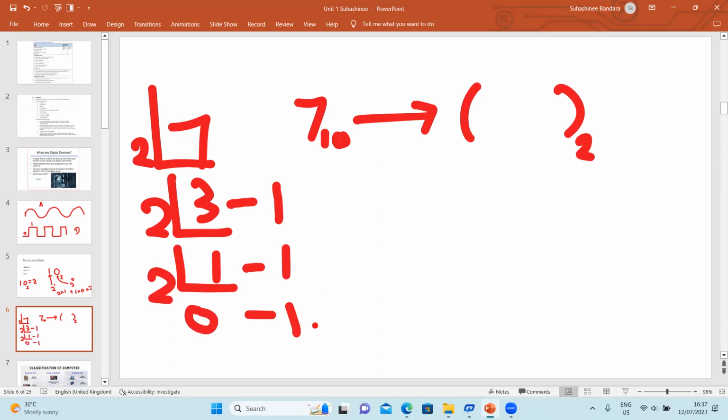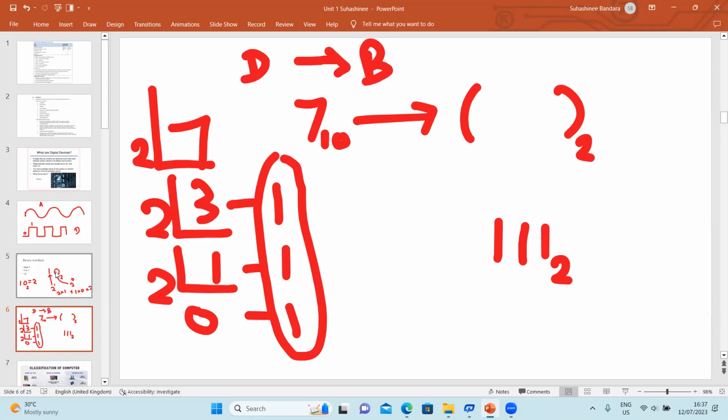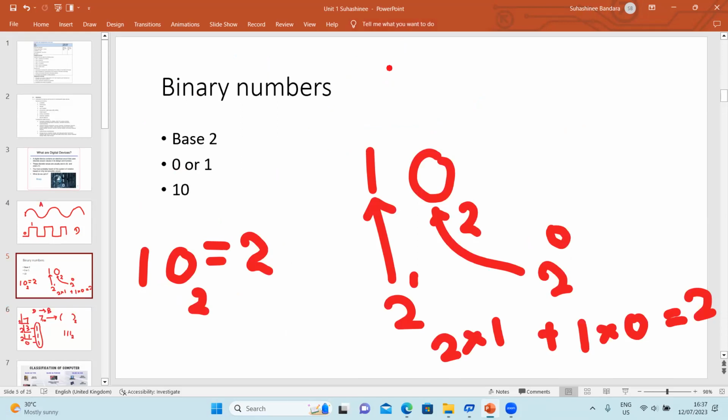All the remainders you wrote together as the answer. 1, 1, 1 base 2 was the answer. Can you remember those? So what I did here, I converted decimal to binary. Earlier, I converted binary to decimal.